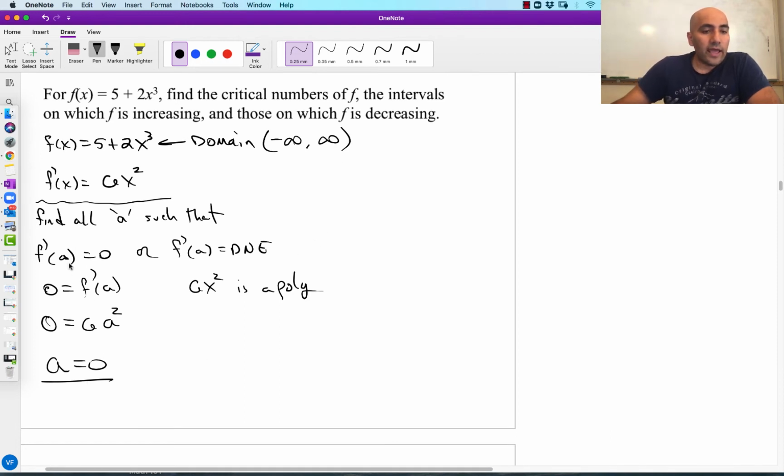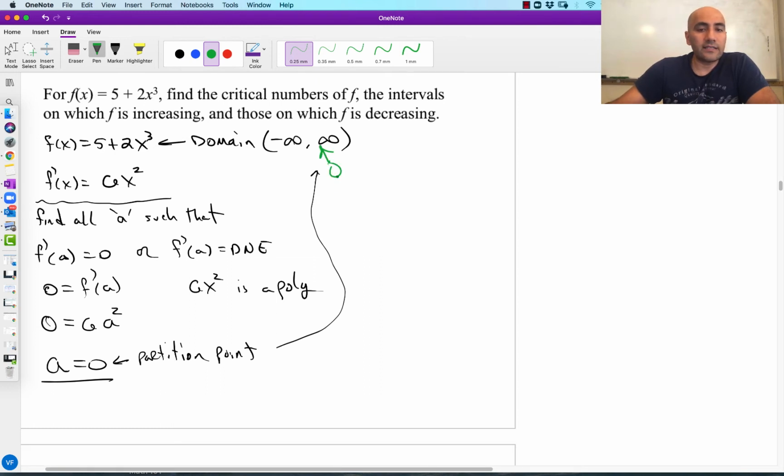Okay? So at this stage, before we thought about the domain of our underlying function, we got to this point, we saw that this is a partition point. But now that I think about the domain, I go, yep, it's in the domain. 0 is in there. 0 is okay. It's a valid point in the domain of our function.